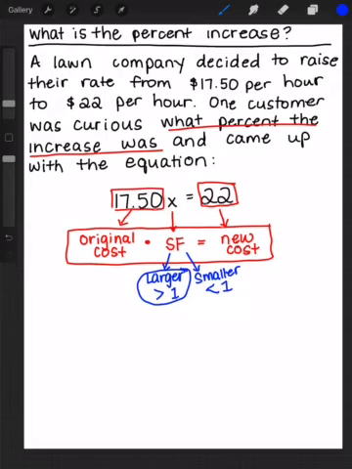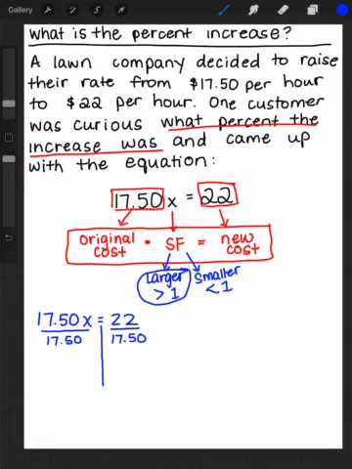Now we solve this the same way we solve all of our equations. We have 17.50x = 22. I'm going to draw my line down, and the only step I have to do to get x by itself is division. I'll divide both sides by $17.50, and I'll do that on my calculator to save time.